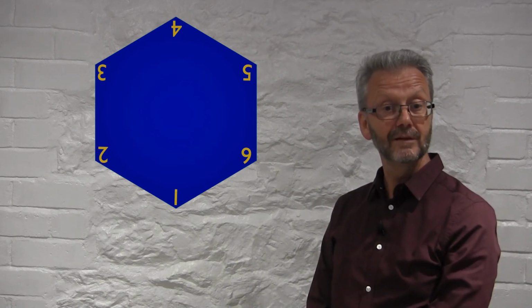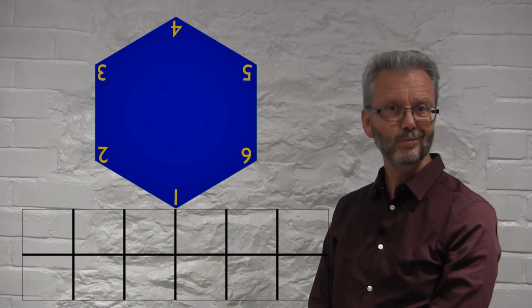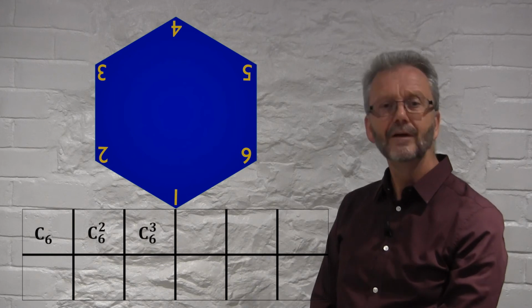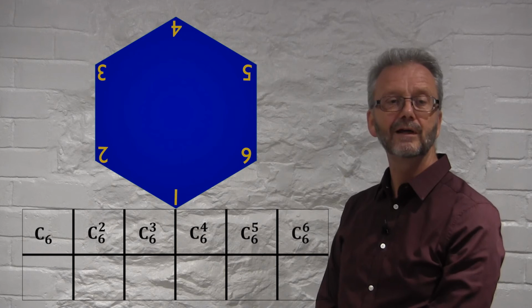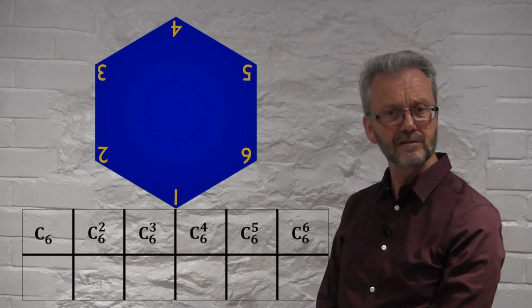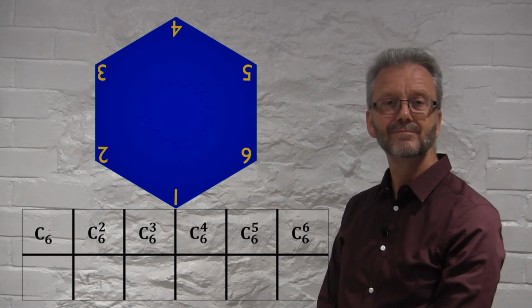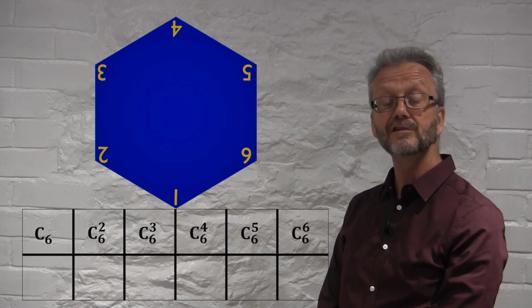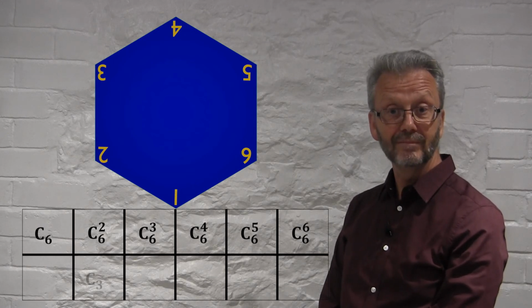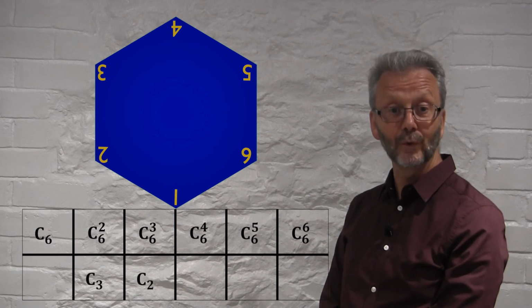At this point, I'm going to construct a little table. Across the top, we have 6 symmetry operations, each being a proper rotation of order 6, but performed a different number of times. We've already seen that C6² is the same as C3, and C6³ is the same as C2.